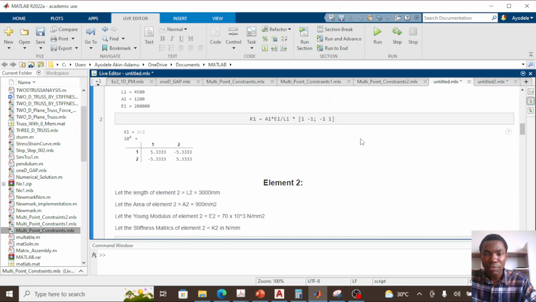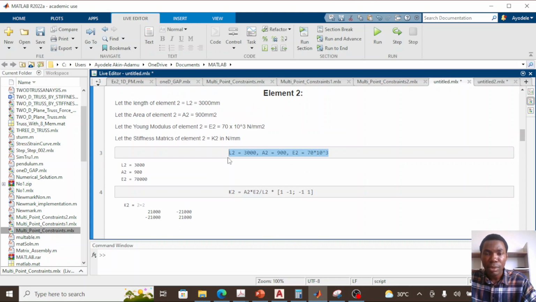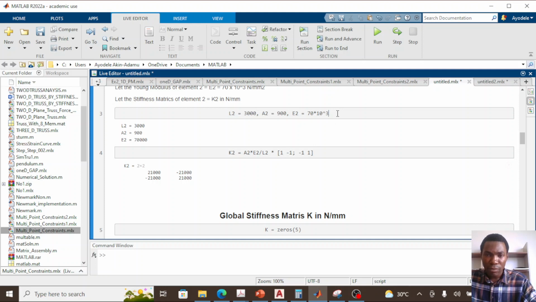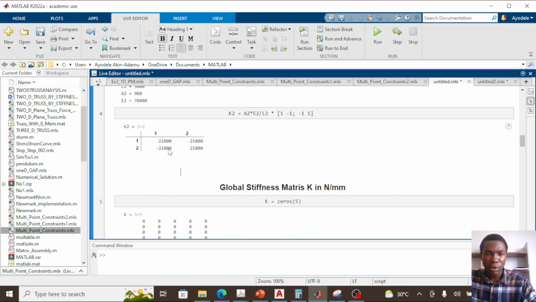I define these parameters here, L2, A2, E2. If you run it, it is calculated and the values are stored in the MATLAB memory. Once you have computed this, you can also compute your local stiffness matrix for element 2, and it is evaluated to be equal to this. Now our K1 and K2 have been defined and calculated.